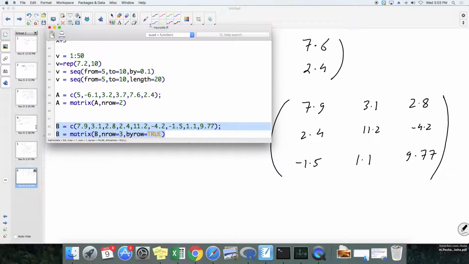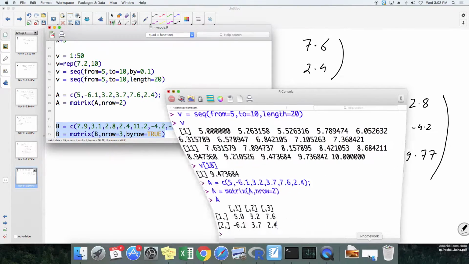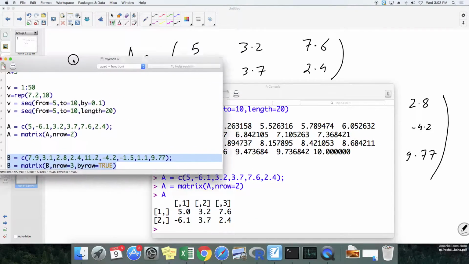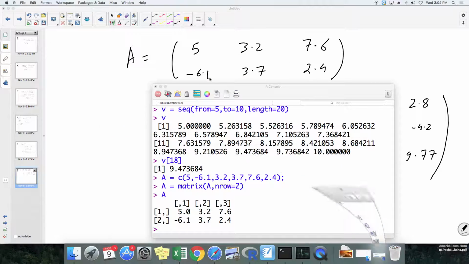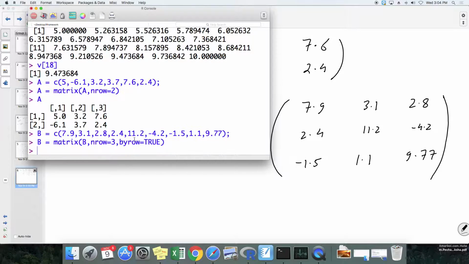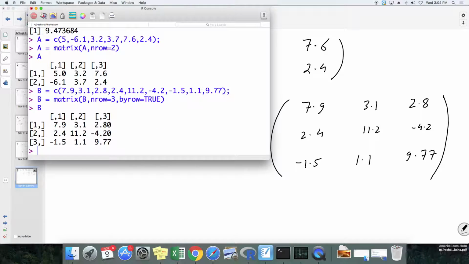So let me run this. And we see that B is the matrix that we actually wanted.